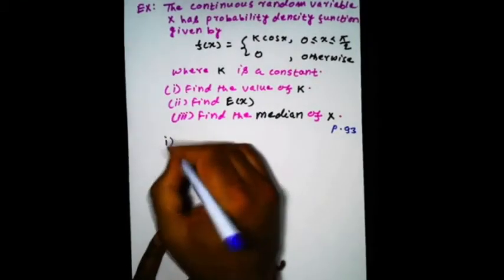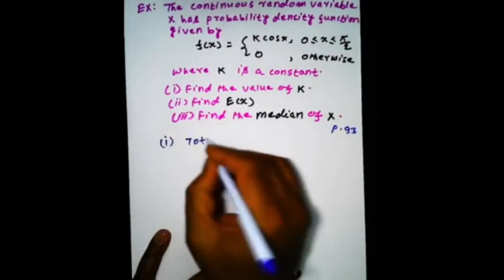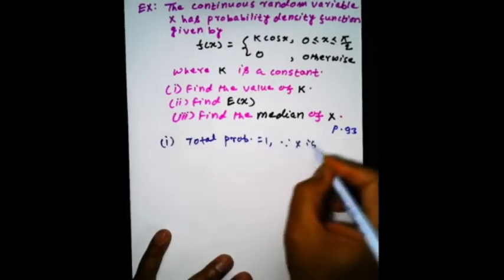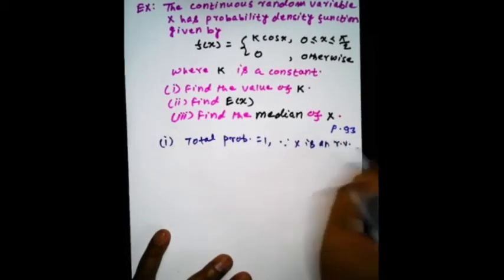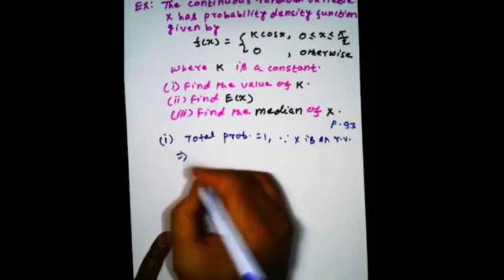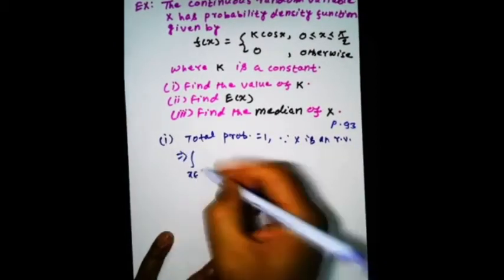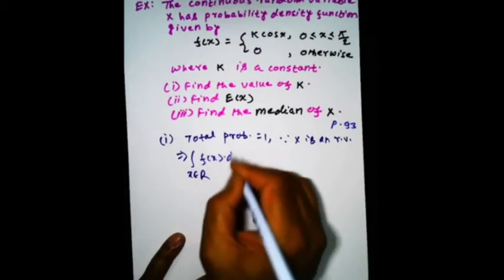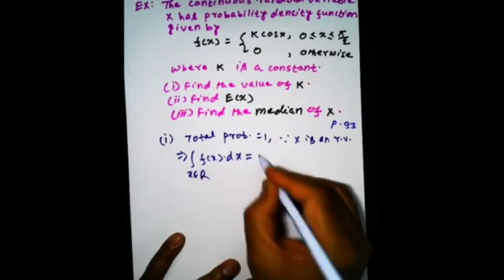So first of all, we write here total probability as 1 since x is an RV, that means a random variable, and total probability means for the given range of values of x, the integral of f(x) dx equals 1.